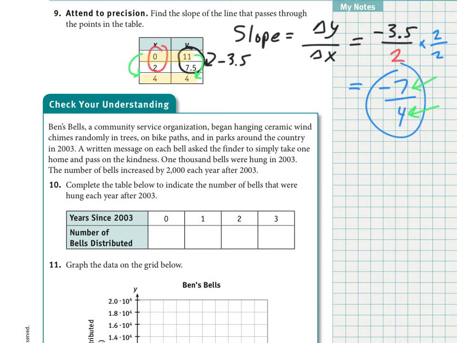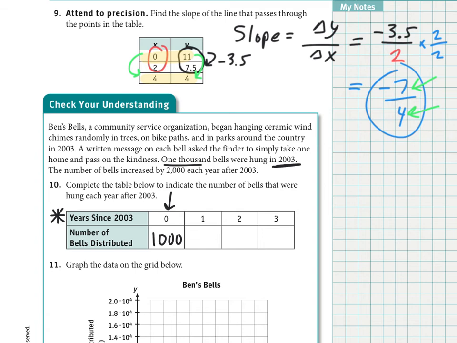And notice, here's a key, sometimes problems do this: the x value will be the number of years since the initial time. So we're going to assume 2003 is our starting time. That's going to have a 0 here because that's 0 years after it started. It's like the initial value. They told us straight up in the wording, in that year there were 1,000 bells.